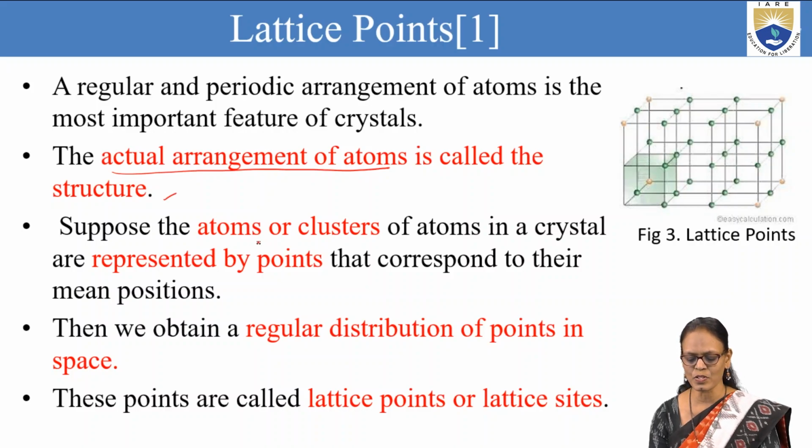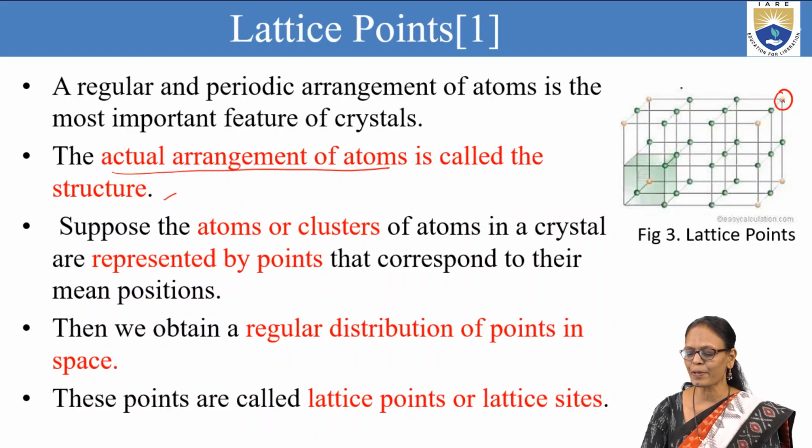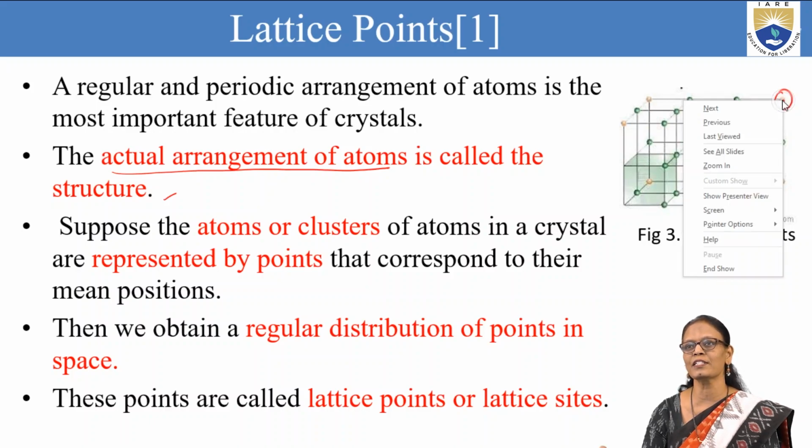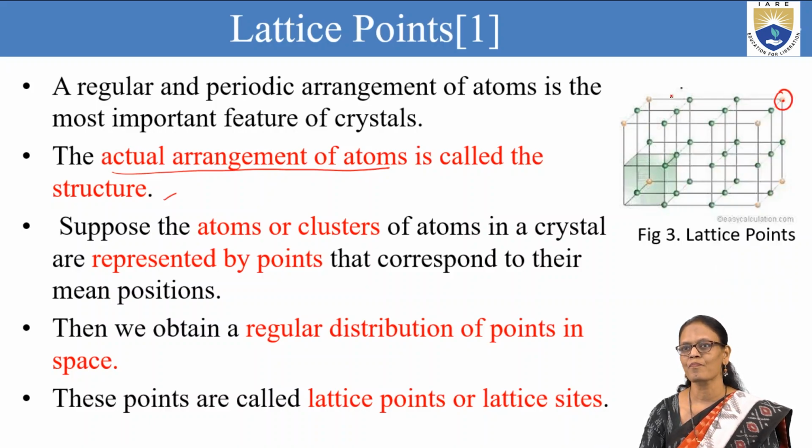Suppose the atoms or cluster of atoms in a crystal are represented by points that correspond to their mean position. Suppose I have an atom here, and this atom will be represented by a point at its mean position.